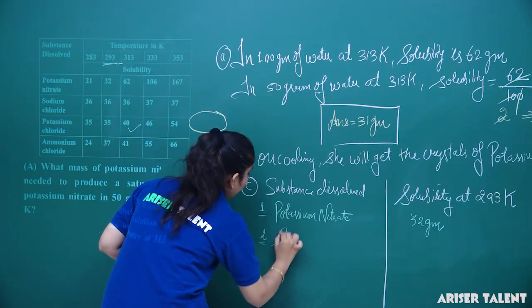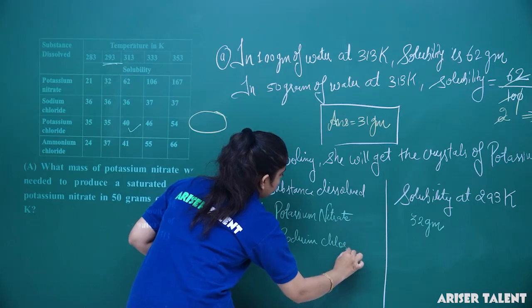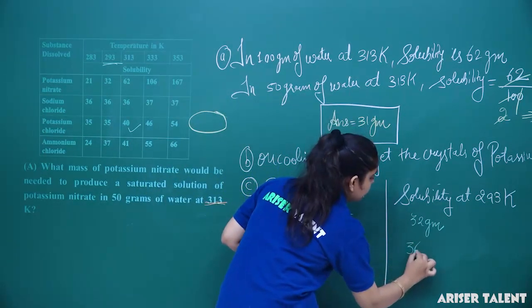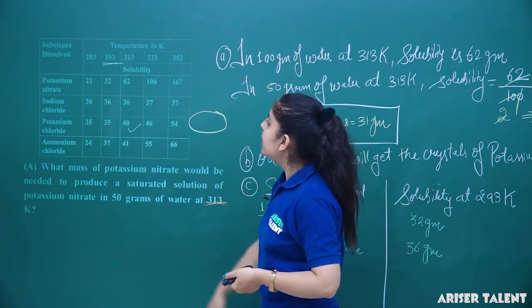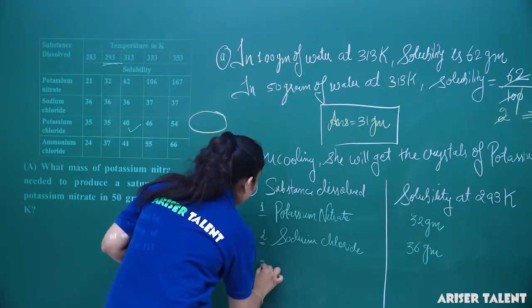If I am going to talk about sodium chloride, the sodium chloride is having a solubility of 36 gram. If we are talking about potassium chloride, its solubility you can find here is 35 gram.